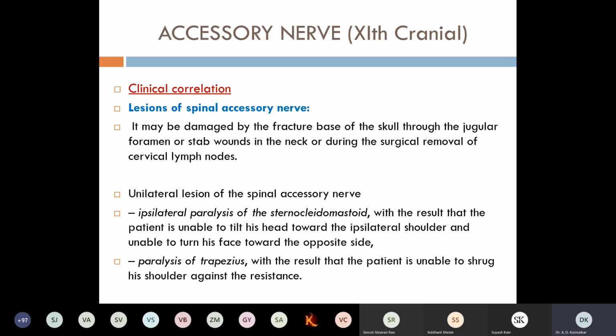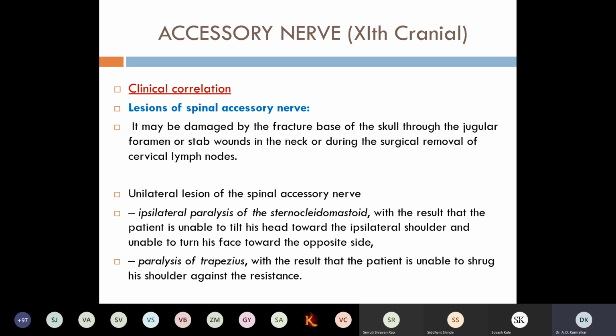If you know the action of the sternocleidomastoid muscle, then it is easy to get the clinical features. So he is unable to tilt his head to the ipsilateral side. Suppose the left nerve is injured, he is able to tilt his head to the left side and turn his head to the right side. Okay, so he is unable to turn his face to the opposite side of the injury.